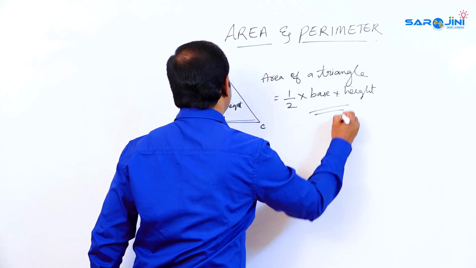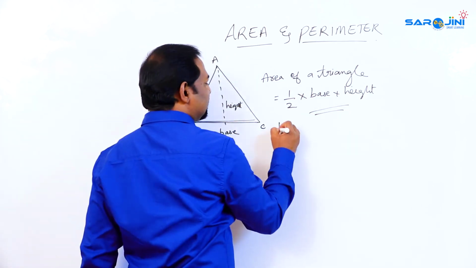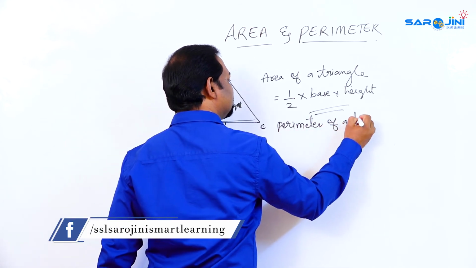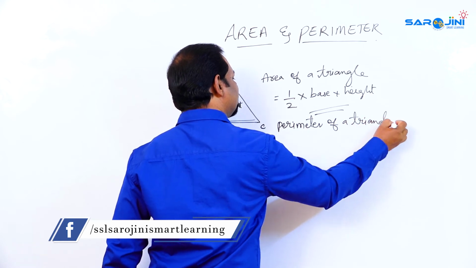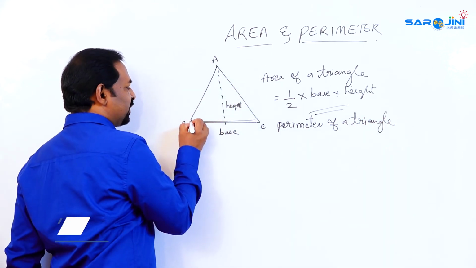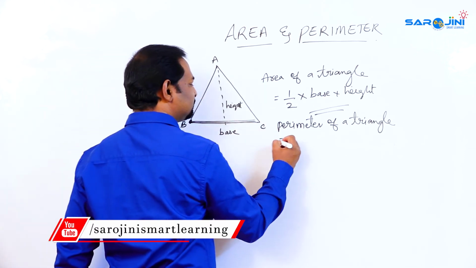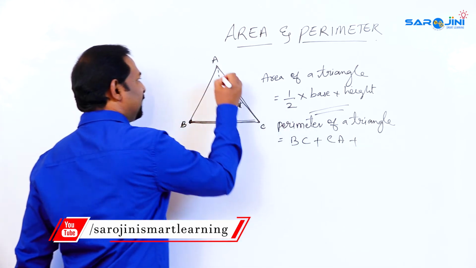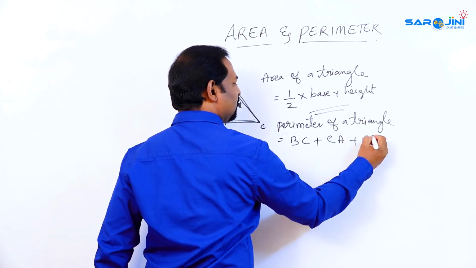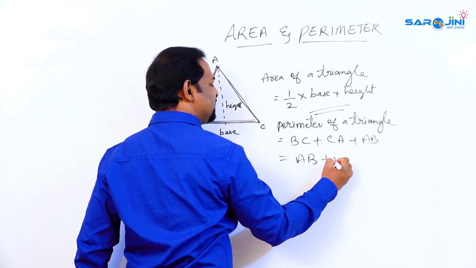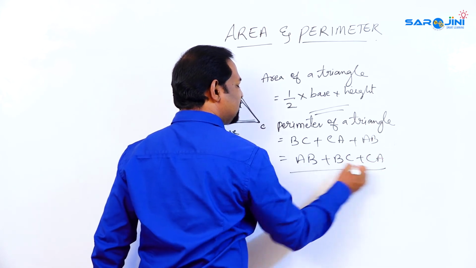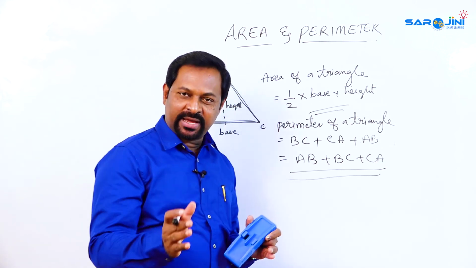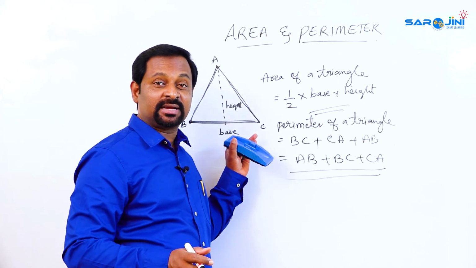If I ask you to find the perimeter of a triangle, it is AB plus BC plus CA. So this is the perimeter of a triangle. I think you understood the difference between the square, rectangle and triangle.